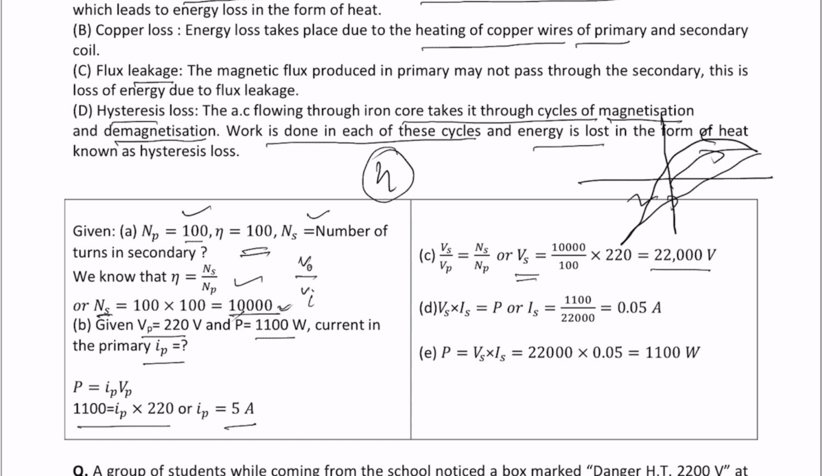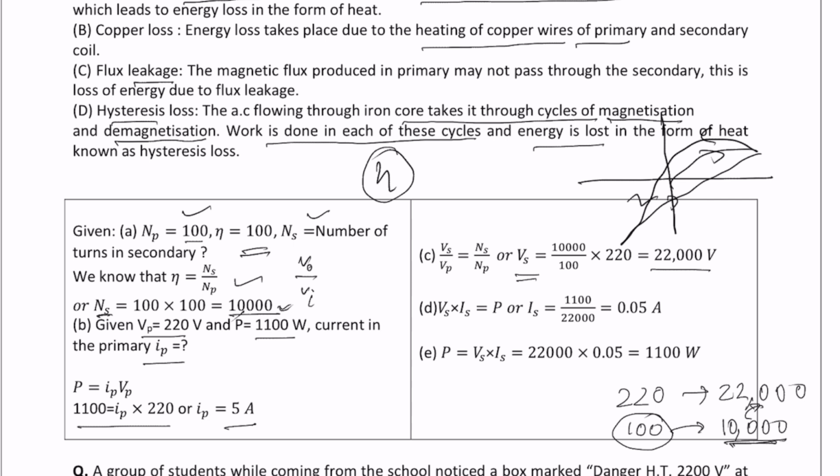We are converting 220 volt to 22,000 volts simply by changing the turns from 100 to 10,000. If you have a secondary of 10,000 turns, your voltage will increase from 220 to 22,000.